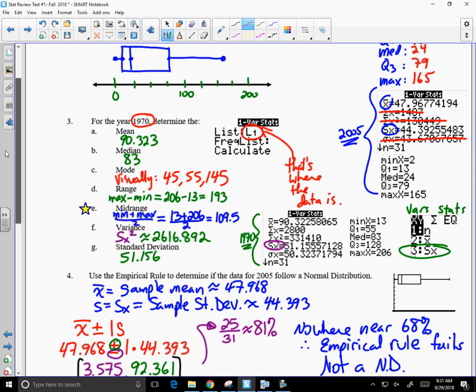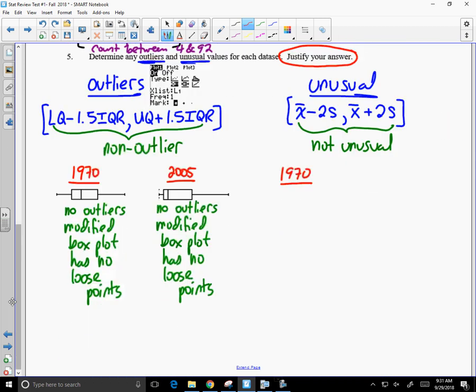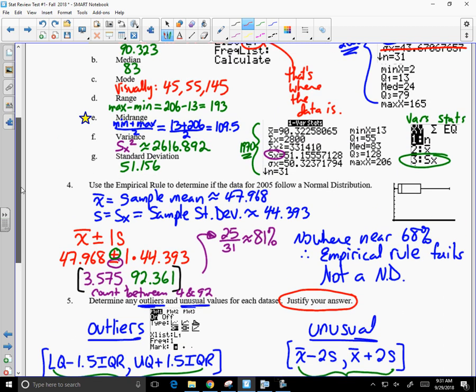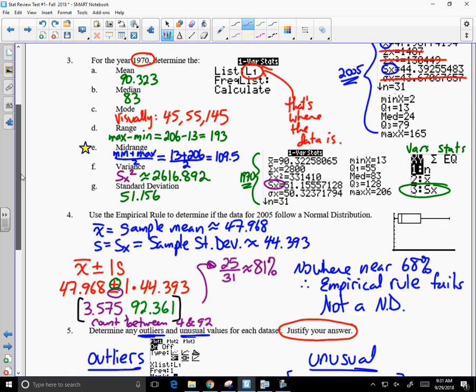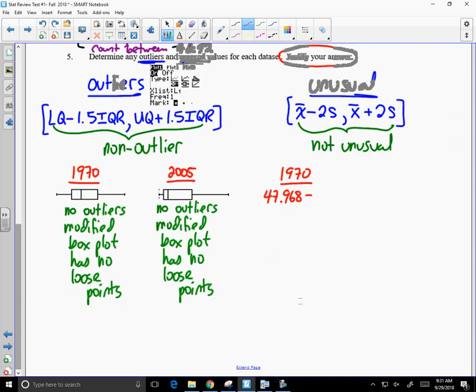So 47.968 minus 2 times the standard deviation for that year, which was 44.393.